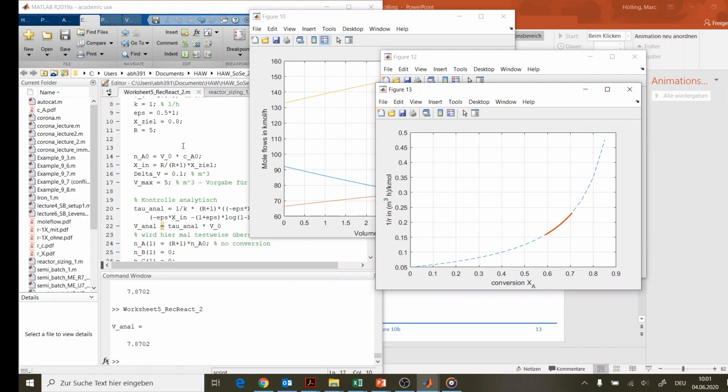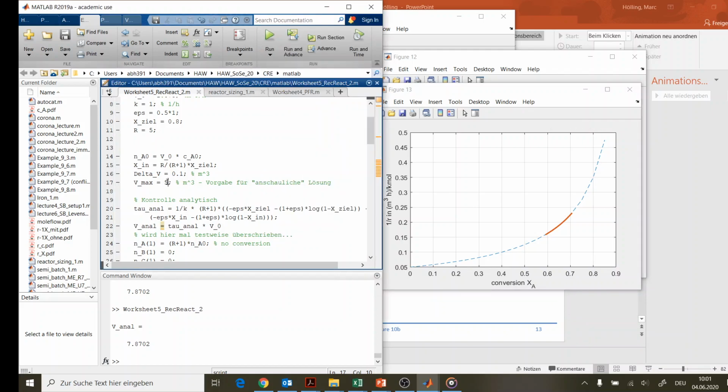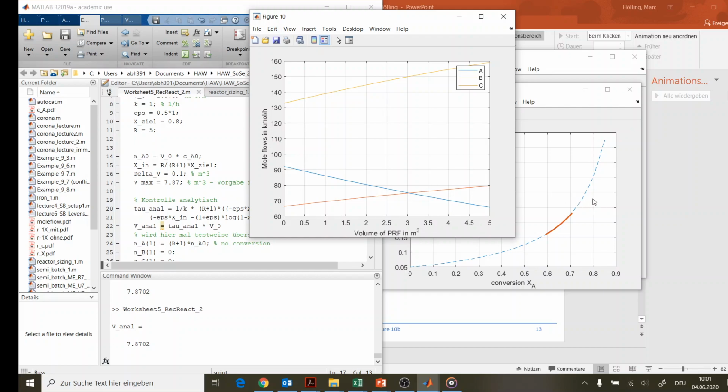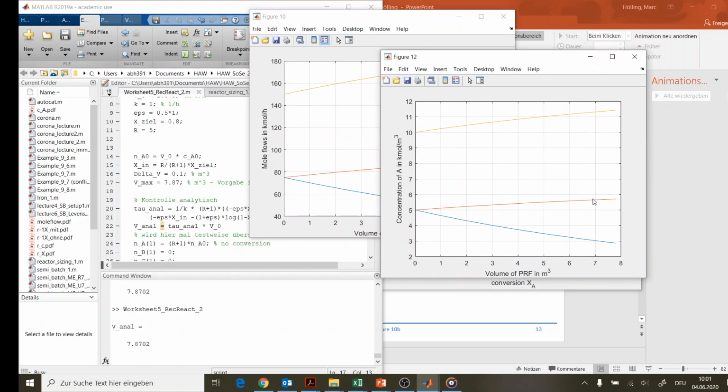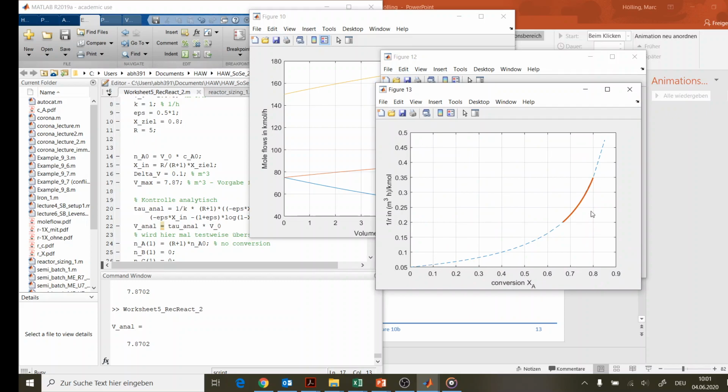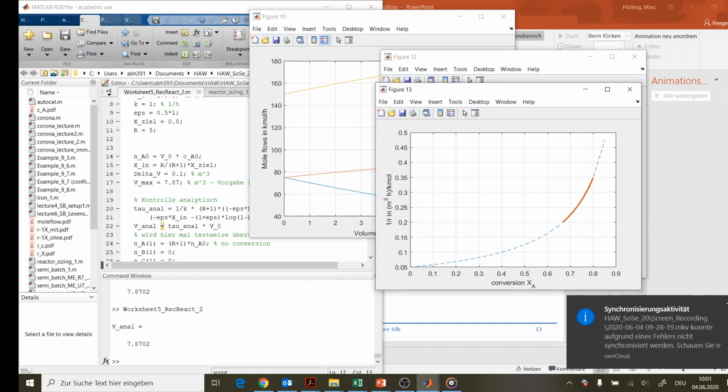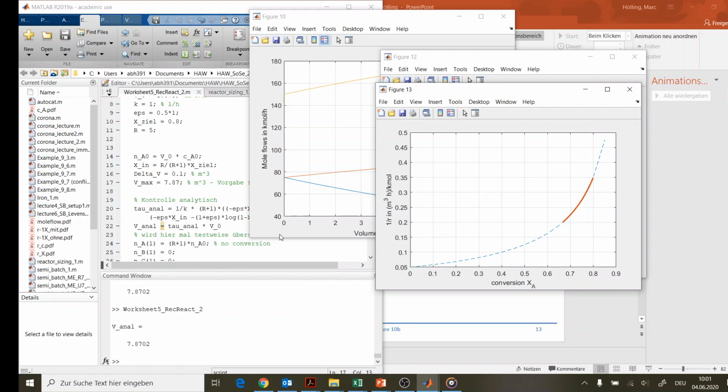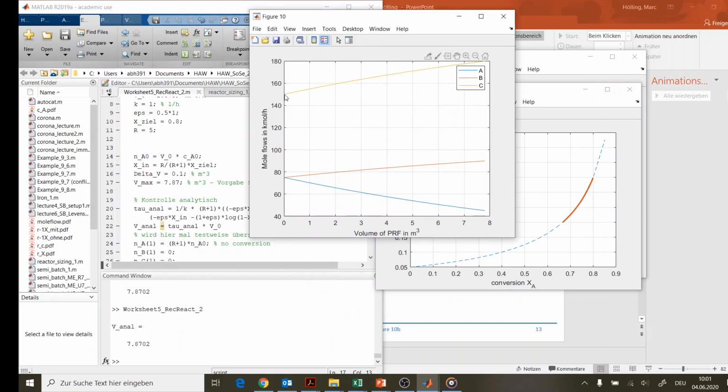And that's how you can play around. 7.87. And if you have this, then you have quite a good value for your conversion of 80%. Okay, what else can we see?